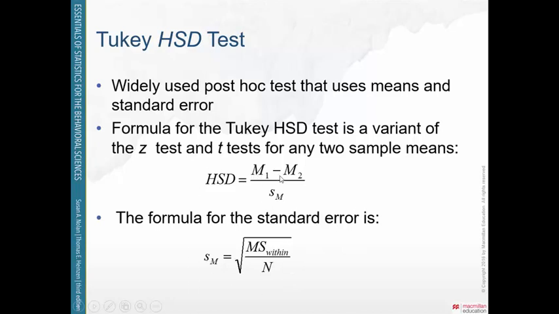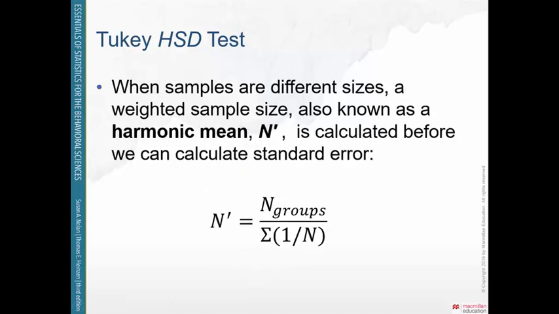But basically it's a t-test. Mean of group 1 minus mean of group 2 over standard error of the mean, and this is how you calculate standard error of the mean. It's the square root of mean squares within over total number of participants. And then your book also talks about this harmonic mean, which is if your sample sizes are different, we are not going to do that.